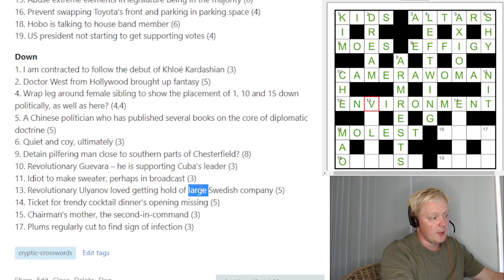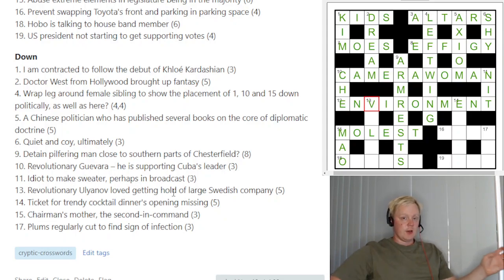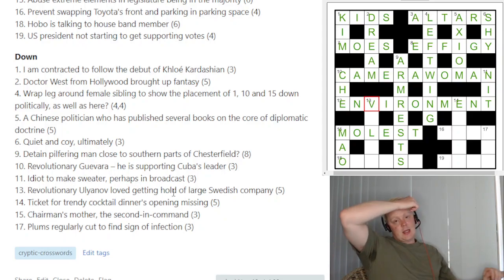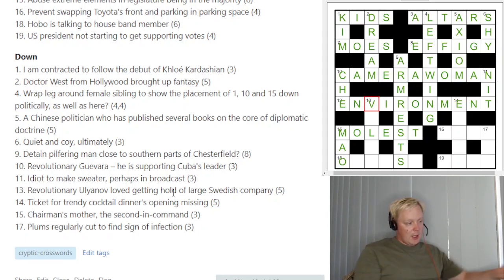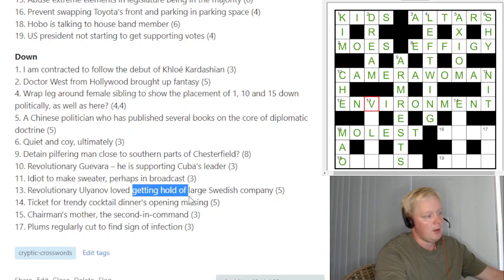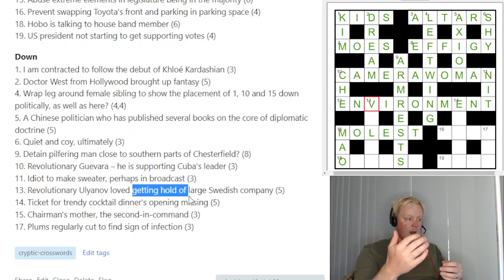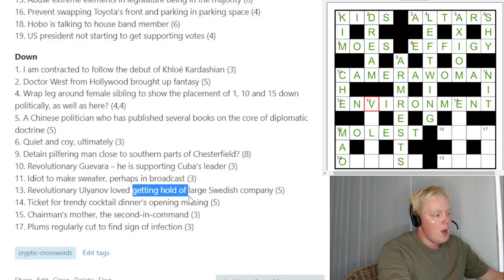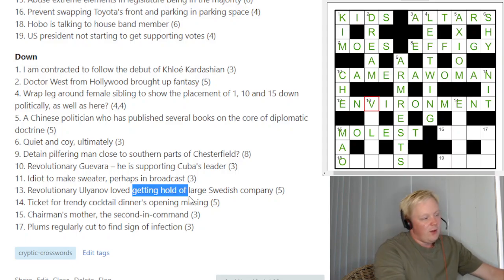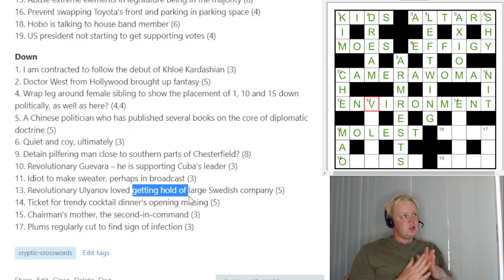Well, large can be abbreviated to L, and something getting hold of large very often means L being inside the other thing. Getting hold of is like something getting hold of. It looks like something has inside it another thing. Well, actually, these kinds of indicators can include two different things.